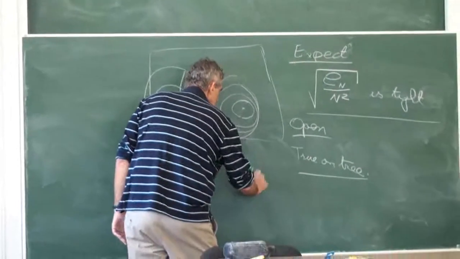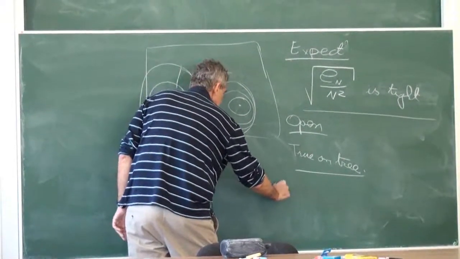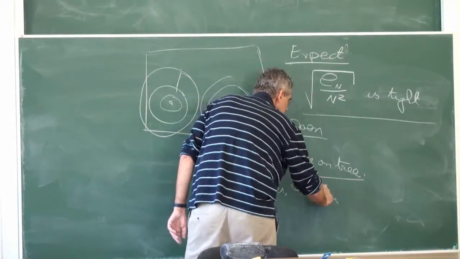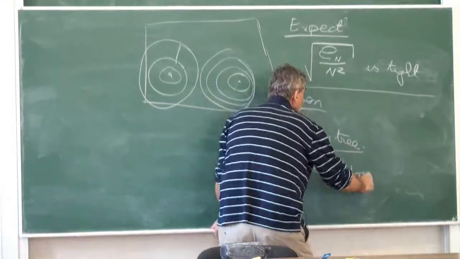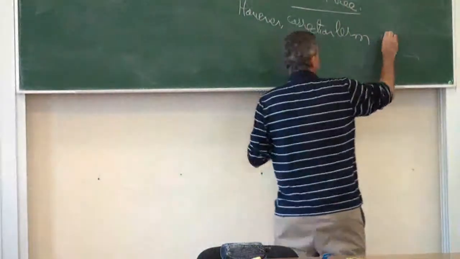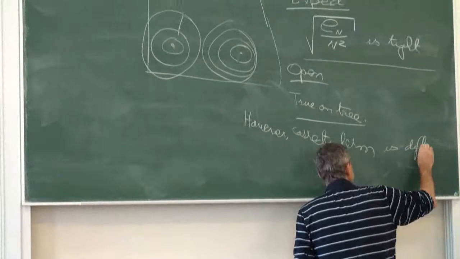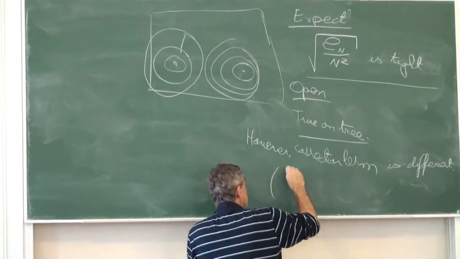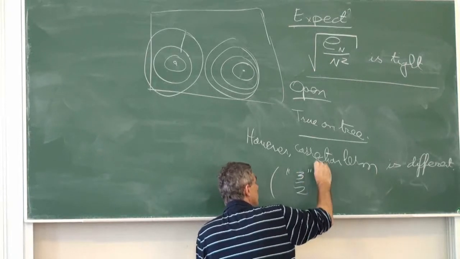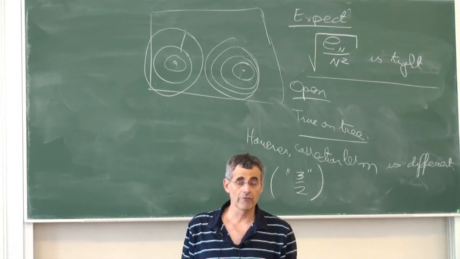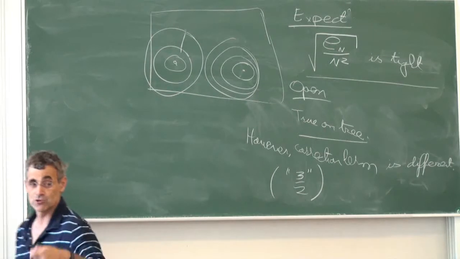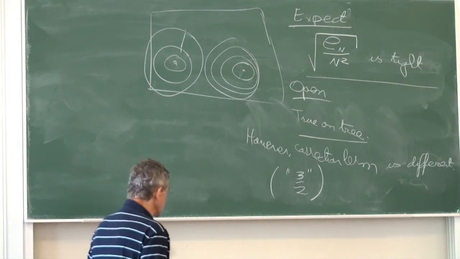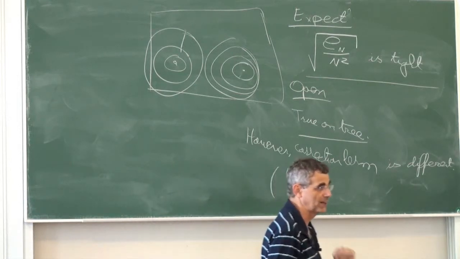However, the correction term is different. By correction term, I mean the 3/2. The 3/2 that should have been there for the cover time on the tree turns out not to be 3/2, it turns out to be 1/2.